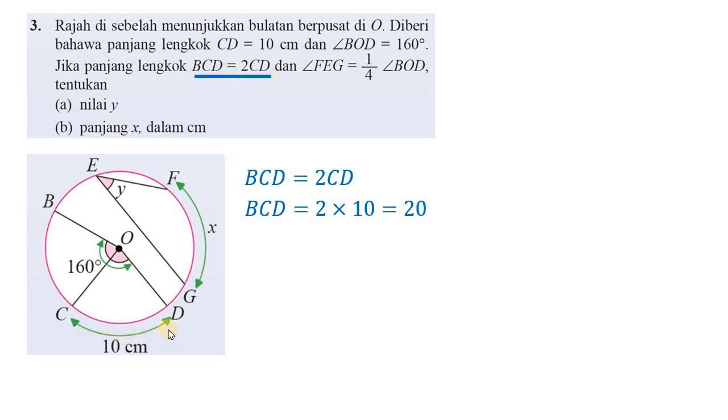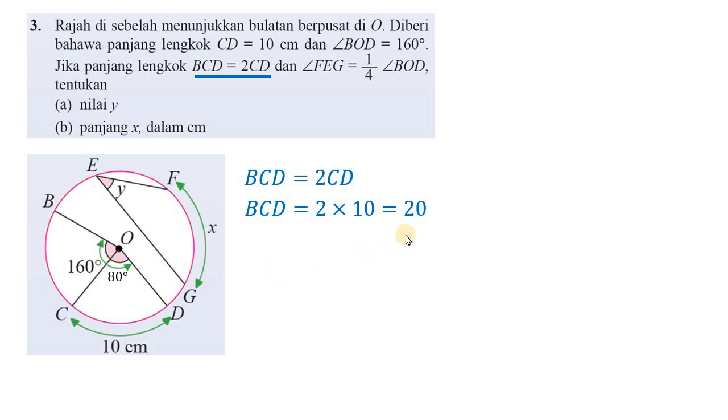So that means the whole arc will be 20 centimeter. And also the angle: this 160 degree is divided equally into two parts. So the angle on arc CD here is 80 degree. As you see, I labeled 80 degree here.